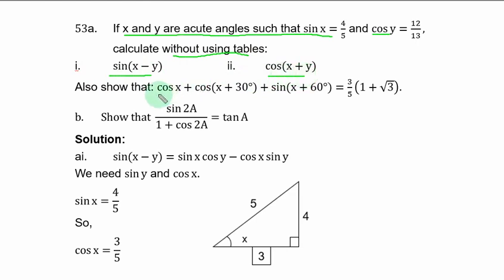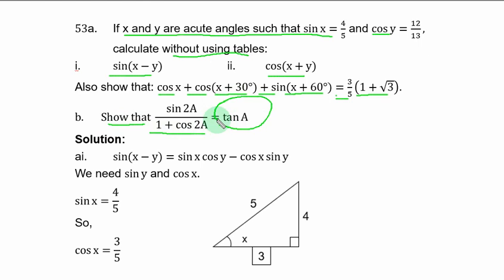Also show that cos s plus cos(s plus 30 degrees) plus sine(s plus 60 degrees) is equal to 3 over 5 bracket open 1 plus root 3. Then B part of that question, show that sine 2a over 1 plus cos 2a is equal to tan a.